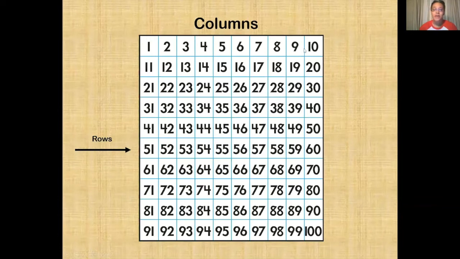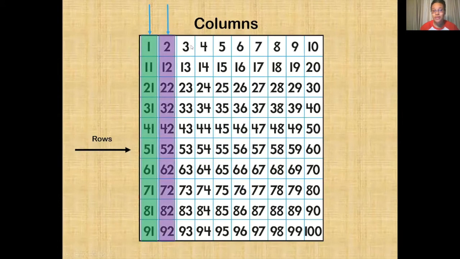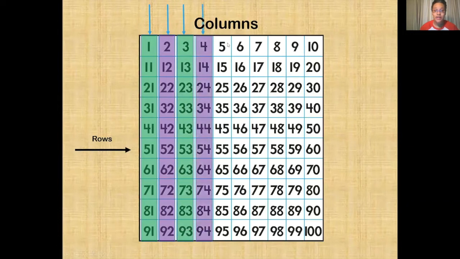Our columns are important, these lines that go down, because they tell us the number at the end. The rows help us find the number at the beginning, and the columns help us find the number at the end. See, this one is the ones column because all the numbers end in a 1. 2s, 3s, 4s, 5s, 6s.